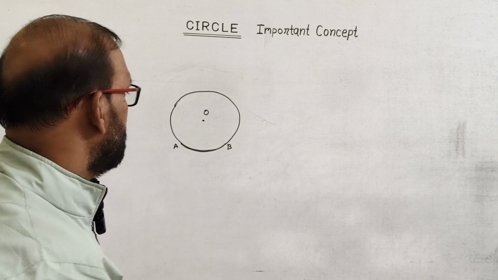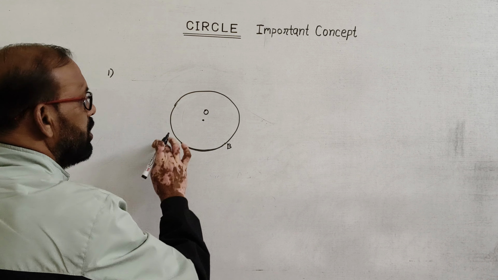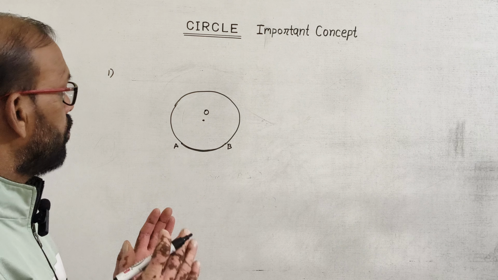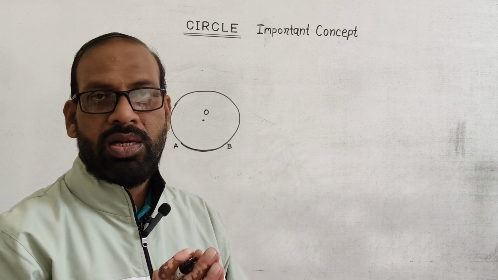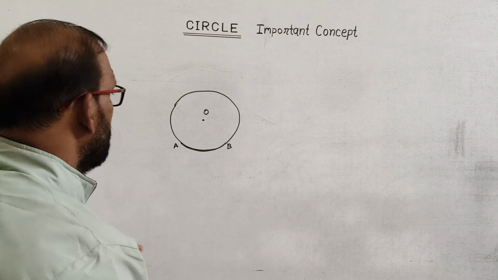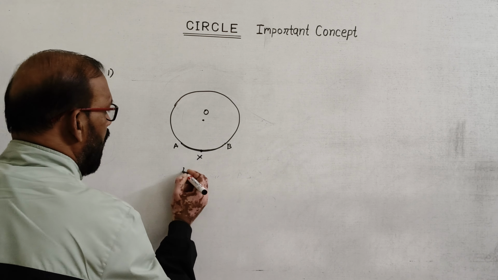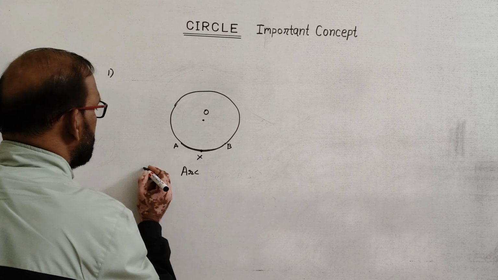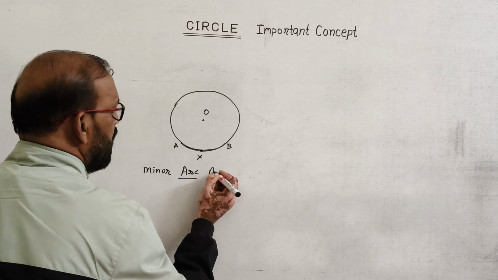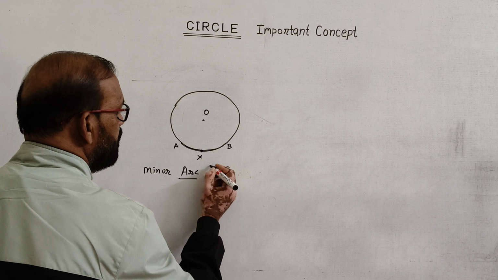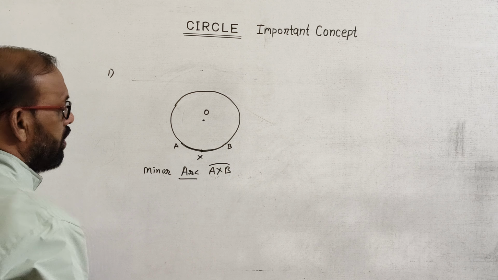The smaller arc is said to be the minor arc, and the remaining one is said to be the major arc. This topic is very, very important. AB is said to be the minor arc. How do we represent an arc? Suppose in between A and B there is another point, X. So the minor arc is denoted by AXB, with an arrow above it.